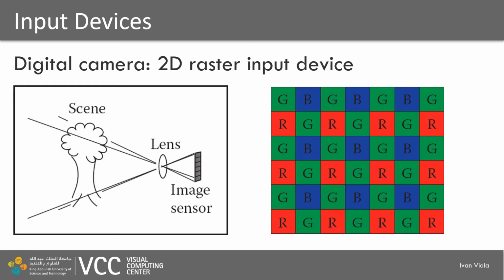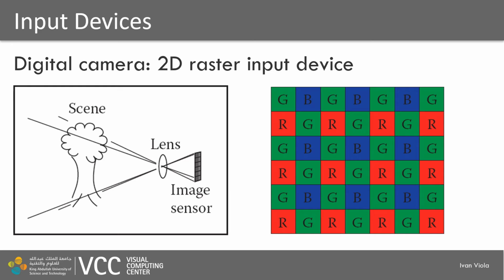And this mosaic, as you can see it on the right-hand side, will be then in a post-processing step converted into three layers or three channels which are continuous. So there will be a green, red, and blue channel represented for each pixel, even if the sensor was providing one channel per sensor element.